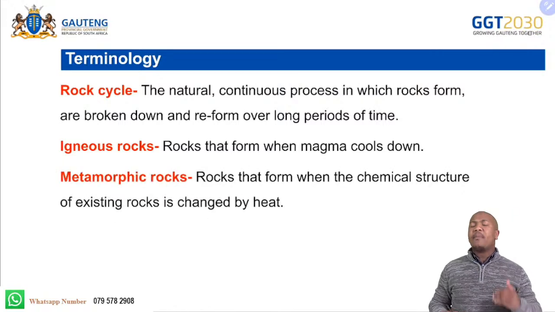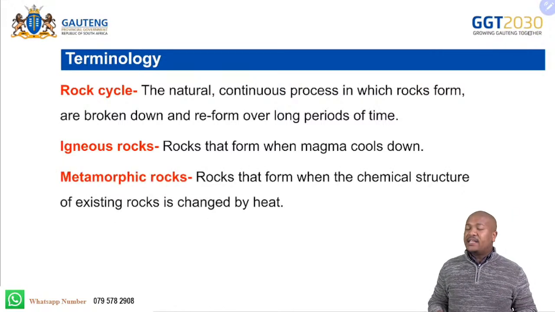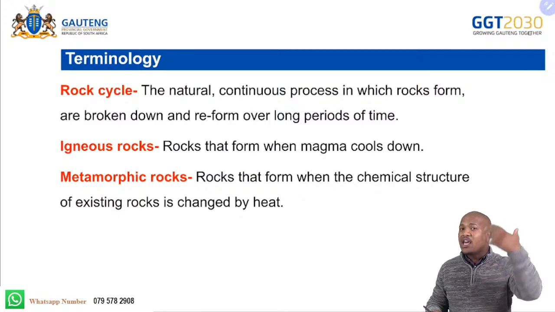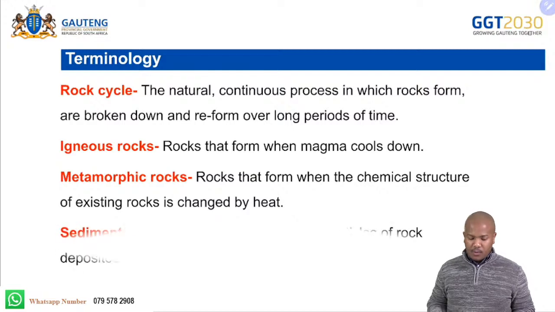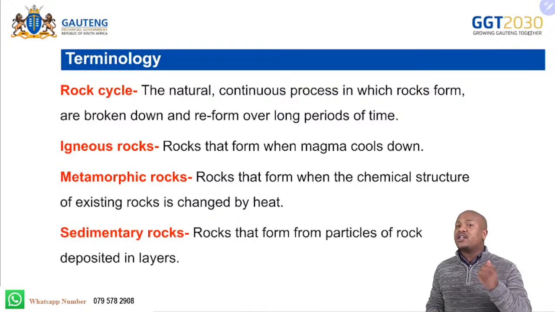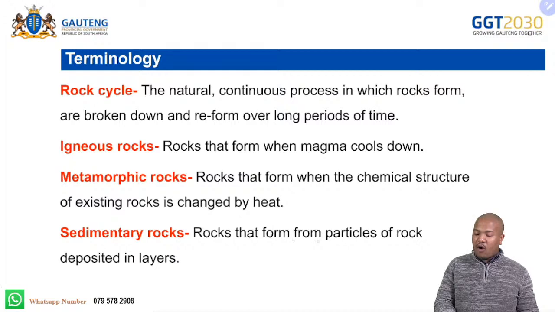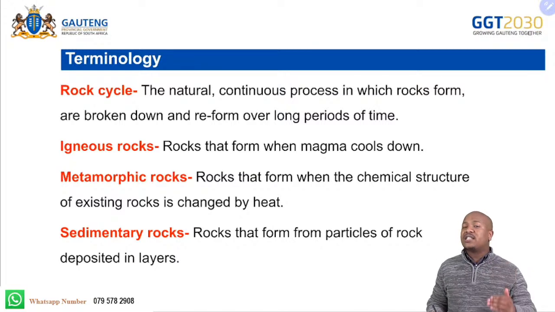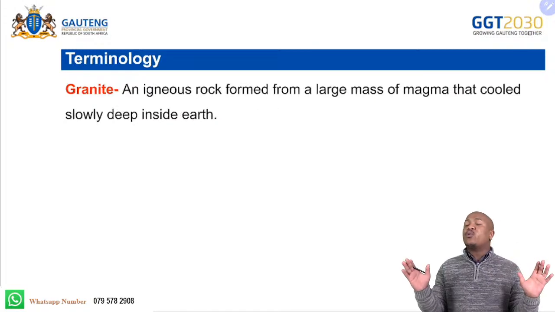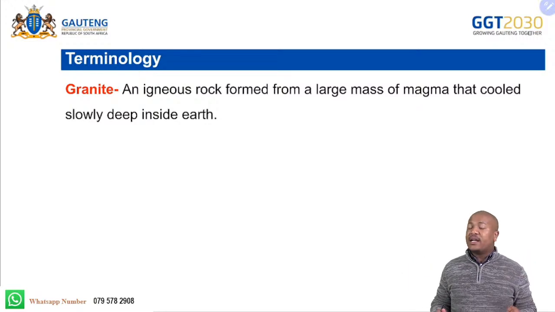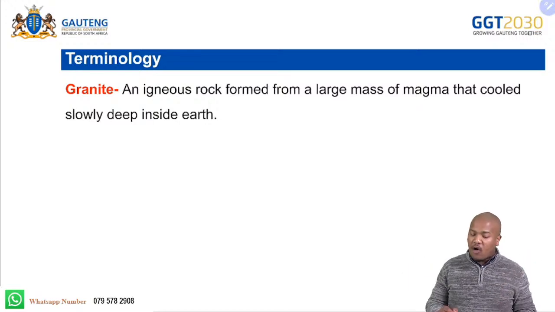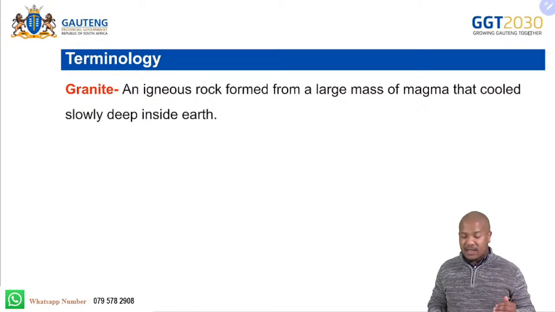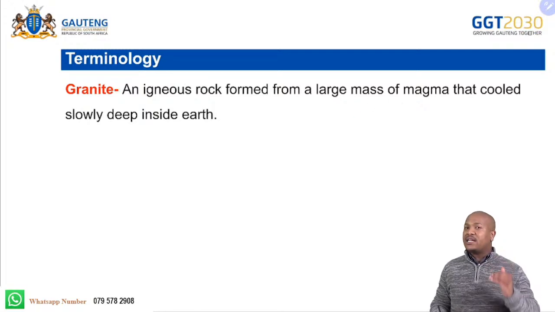We also have metamorphic rocks, which form when the chemical structure of existing rocks is changed by heat into a new type of rock. Also, we have sedimentary rocks, which form from particles of rock deposited in layers. The last one is granite, an igneous rock formed from a large mass of magma that cooled slowly deep inside the Earth.